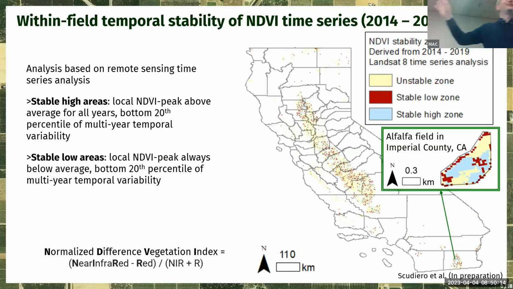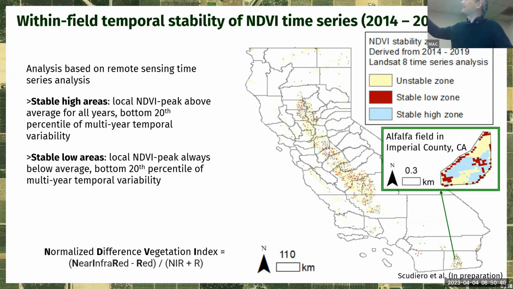But we are scaling up. You can do the same type of look at this variability across a state, and this is a map for California. In the area before, it was very clear the soil was responsible for most of the variability. But then you look at the entirety of California, and there's some back-end analysis of remote sensing time series.